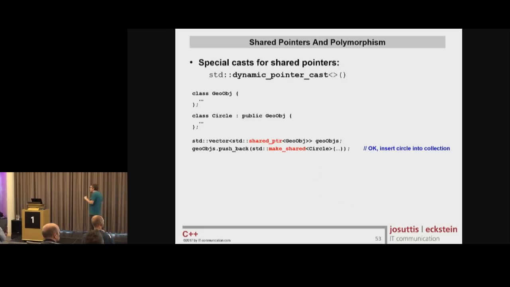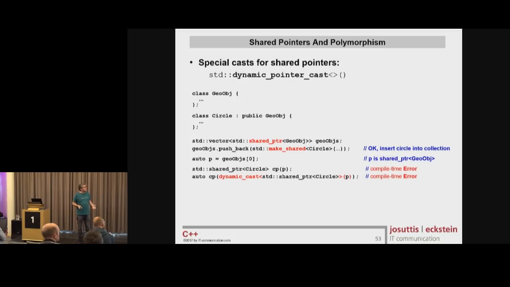So therefore, we had to implement new dynamic cast operations for shared pointers. We had to introduce a dynamic pointer cast because a shared pointer is also just taking the type of the elements. So we have a problem with propagating the is-a relationship to the template types, to the templified types. So here it is. If you create a vector of shared pointers and you push them back, the element you have, if you ask it what are you, says: I'm a shared pointer to a geometric object.